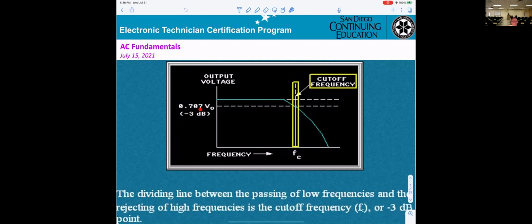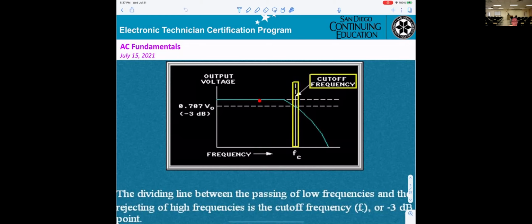I'll give you an example. If you apply 10 volt to the input of the low pass filter, the question is, right at this point here, what is the voltage at the output? That means any frequency here, like F equal 100 hertz or 500 hertz, around here.